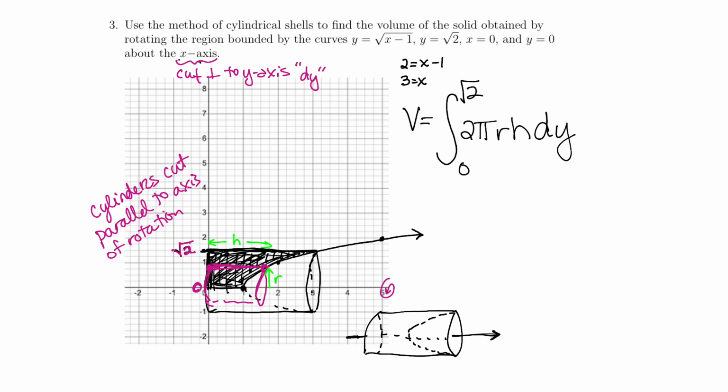Everything's written y equals, so we have to flip it to make it x equals. Because we're going to integrate with respect to y, we need to change y equals square root of x minus 1 so it's y squared equals x minus 1, or y squared plus 1 equals x.